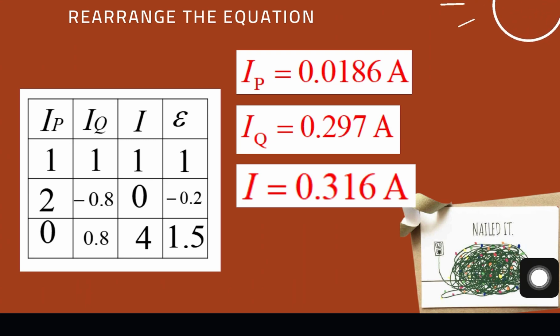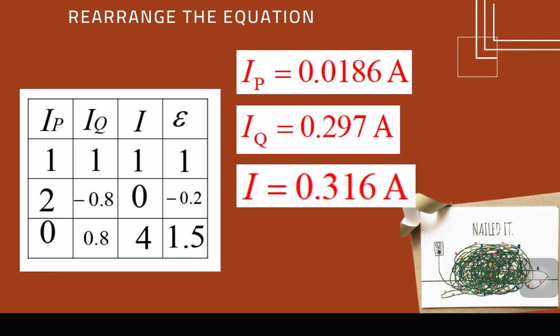So we try it first. Okay, so the answer for IP, IQ and I are correct, except for the substitution of E for the first equation. So please change this value.